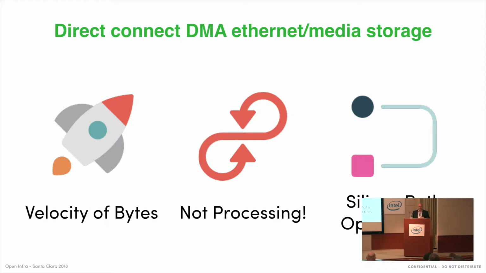And so what really controls the performance of the product is just the velocity of bytes. And the dirty little secret around, I think most, but certainly on Ceph, software-defined storage in general is it's not really bound in software.